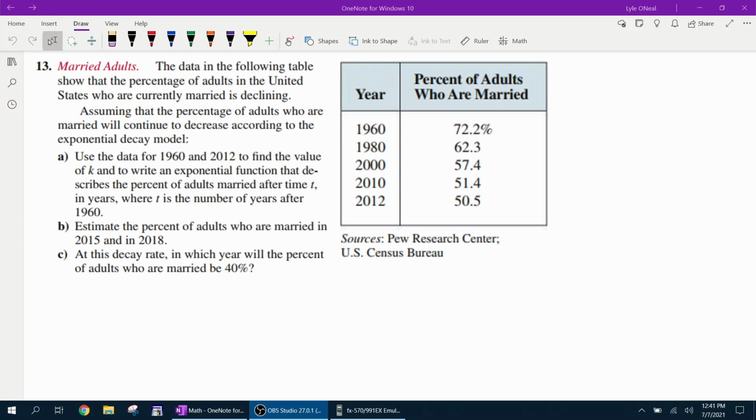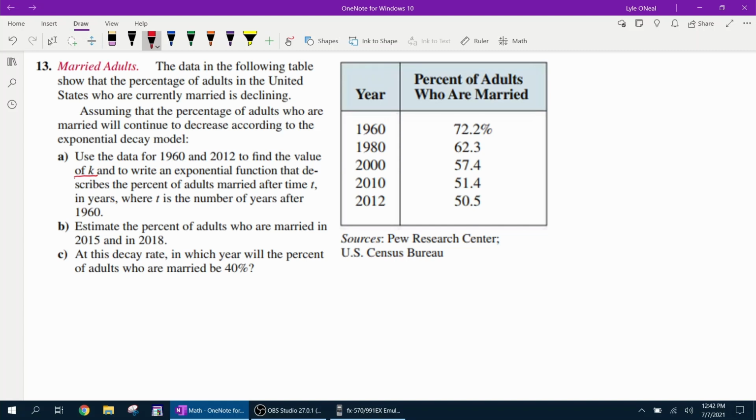The data in the following table show that the percentage of adults in the United States who are currently married is declining. Assuming that the percentage of adults who are married will continue to decrease according to the exponential decay model, we want to use the data from 1960 to 2012 to find the value of k.